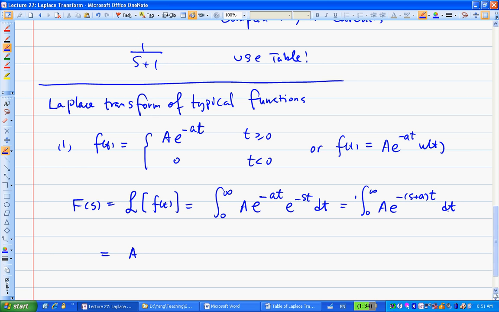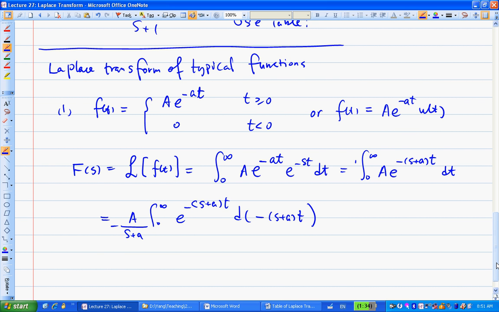You can use the substitution technique, but I'll use my own technique. That would be d of negative (s plus a) t, but I have to divide by negative (s plus a) here in order to make it the same thing.